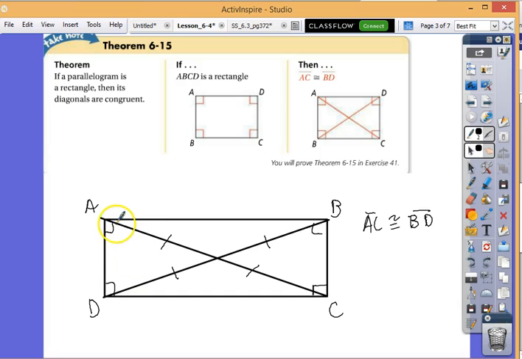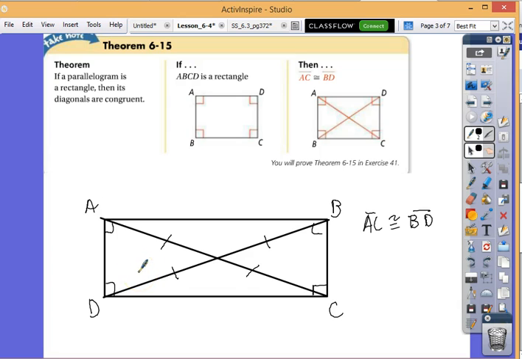And what that means is that if this whole line right here, AC, is congruent to this whole line right here, DB, and I bisect DB and I bisect AC, now all of the individual parts have the same length as well. So when you make the diagonals in a rectangle, you're actually dividing it up into 4 isosceles triangles. Pretty neat, huh?